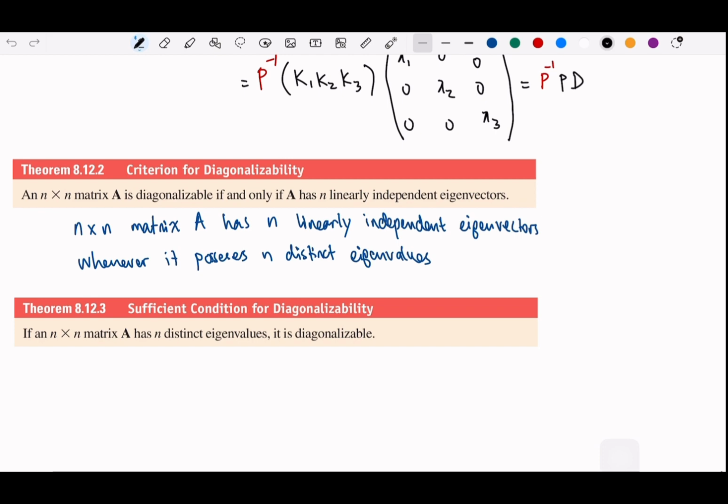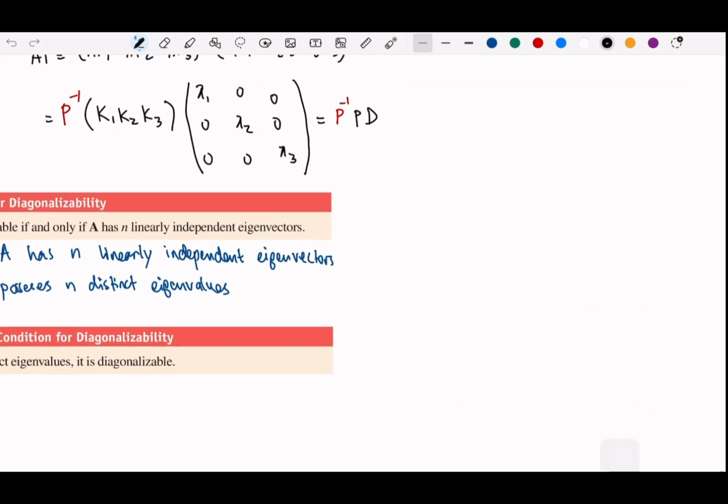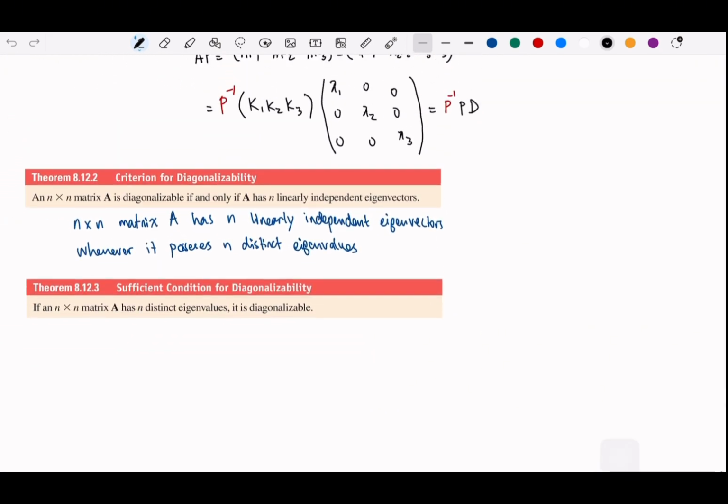Just as a reminder, we would like to find the matrix P such that if we take the inverse of P, multiply with A, multiply with P, we get D. This matrix D is composed of the eigenvalues.